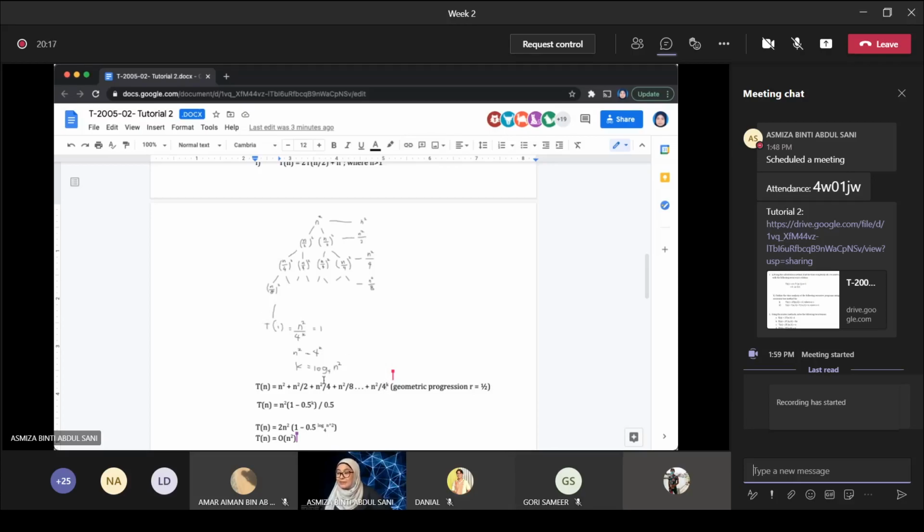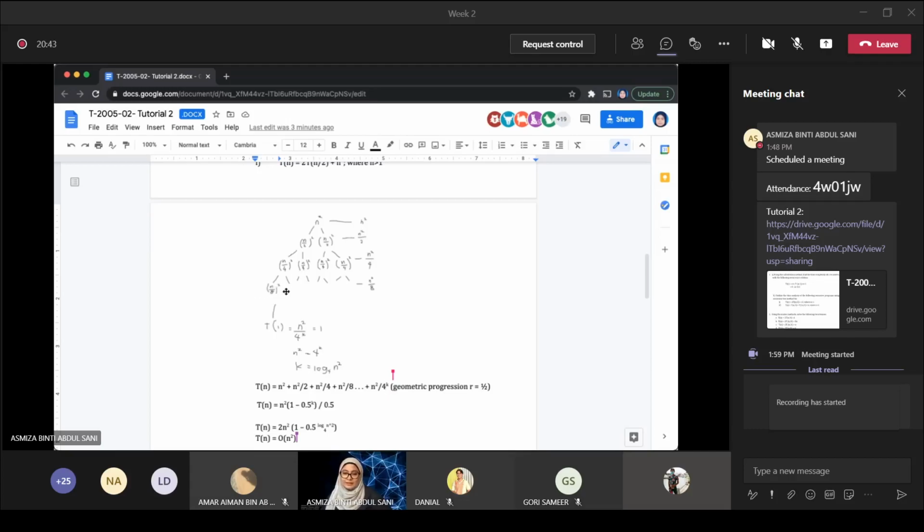Okay, and for the heights, the heights at this level is actually n over 2 to the power of k. It's not n over 4 to the power of k, because you look at how the n changes for the Tn.